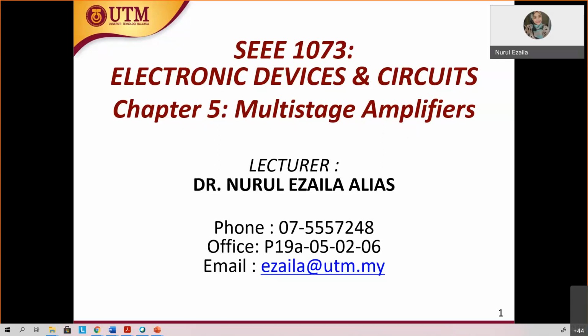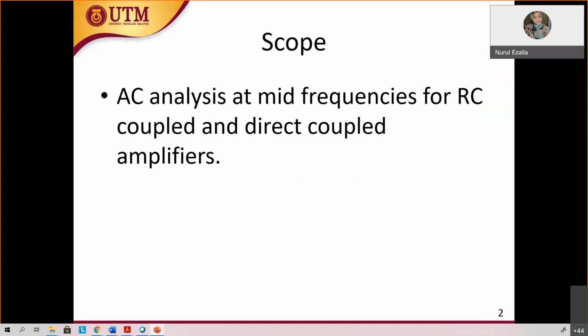A good news is that for the multi-stage amplifier, there is only mid-band frequency. There is no low frequency or high frequency. There are two types of multi-stage: one is RC couple, meaning resistor and capacitor couple, and the other is direct couple.